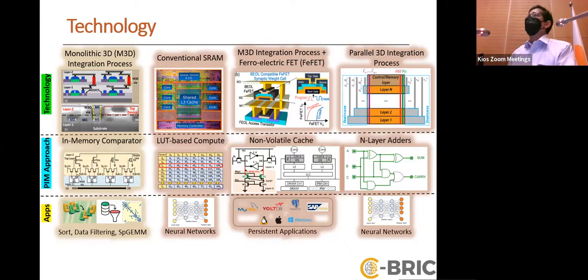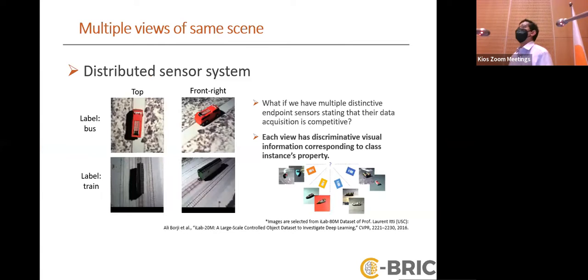When we do this monolithic 3D process, we also integrate volatile and non-volatile elements. We'll probably talk about a few of them, but the key part is my group's technology focus is on trying to find ways in which memory and compute can be close together. So that sets the overview of what's happening in the group.